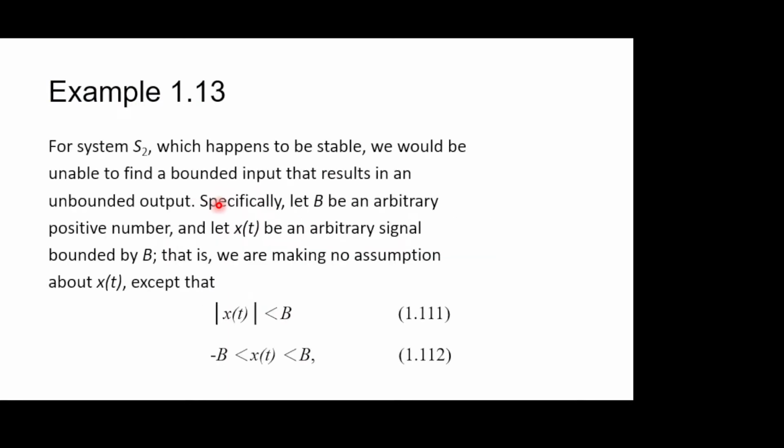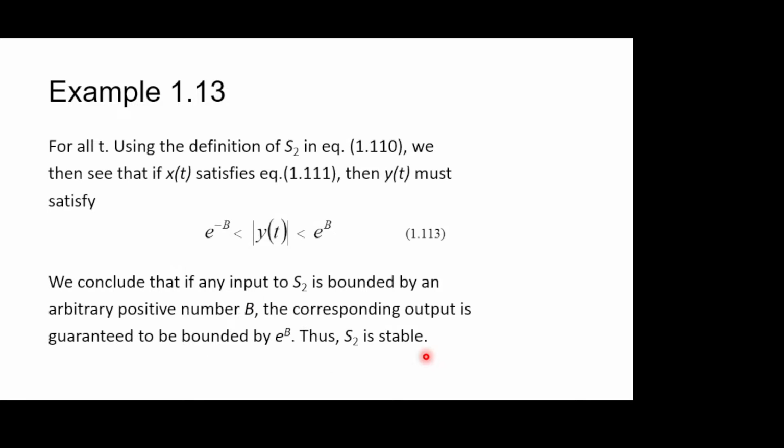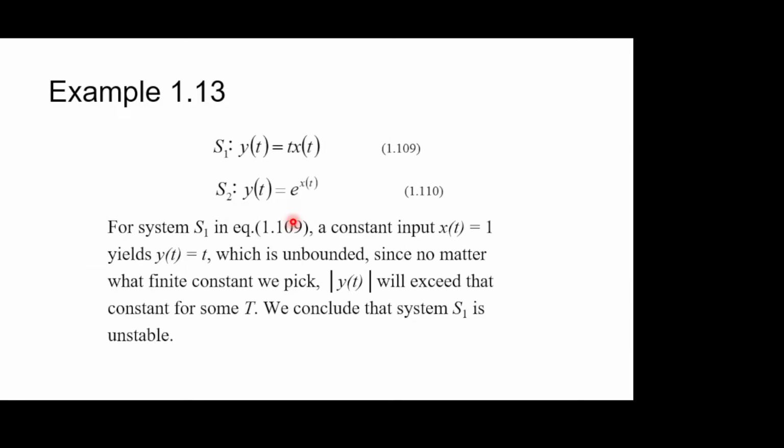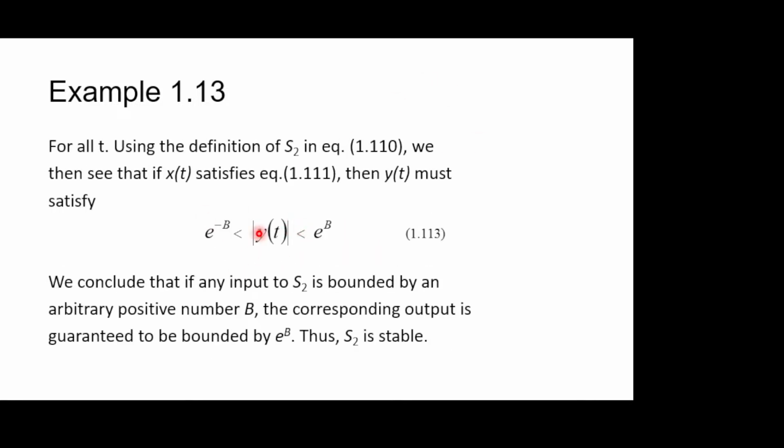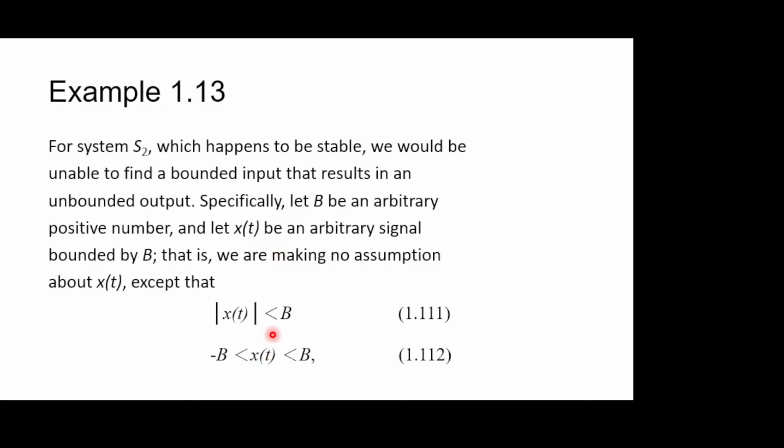By our definition, let's say our x(t) is bounded, so its absolute value is less than some B. Then we know its value is between minus B and B, for all t. Then what's y(t)? y(t) is exponential of x(t).